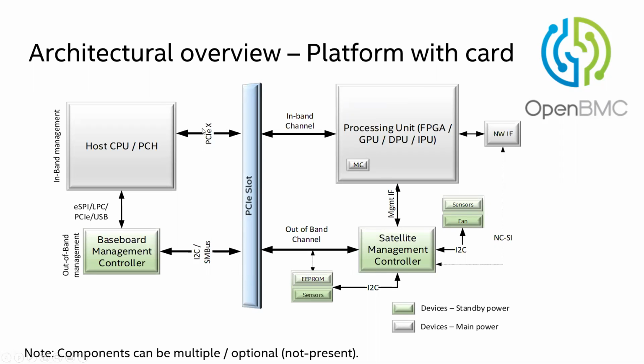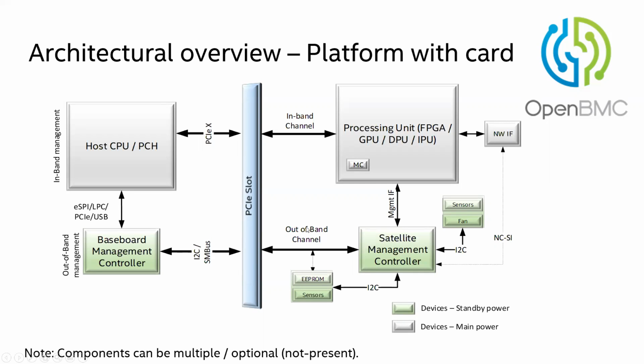So these are all a high-level representation. A few things I just want to highlight: there are devices in standby power which are connected to the baseboard management controller. If you are able to reach the satellite management controller through this I2C SMBus, this is called an out-of-band channel.